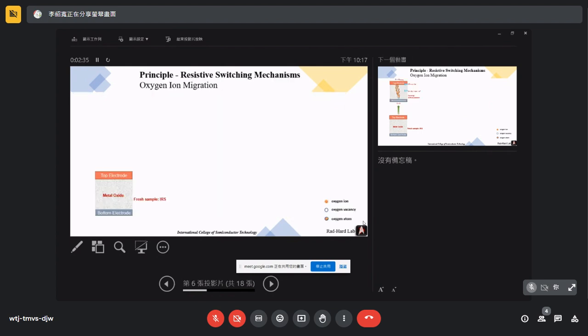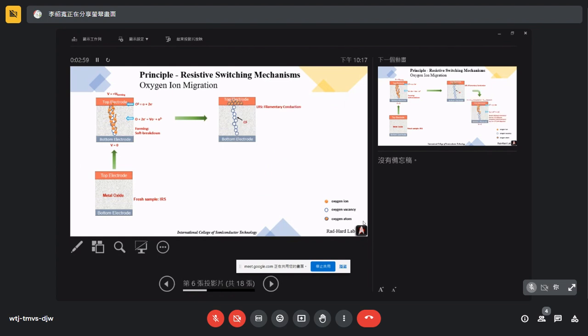Here we also see how the device works with oxygen ion migration. In the initial device, there is no oxygen vacancy. Then we apply a voltage to form the oxygen vacancies and create a filament, from high resistance to low resistance. It's called forming.